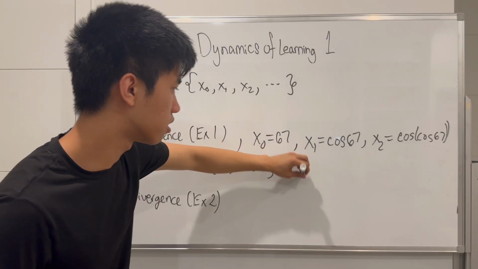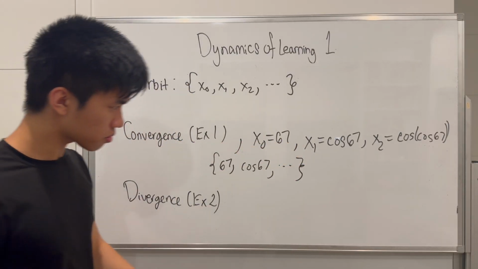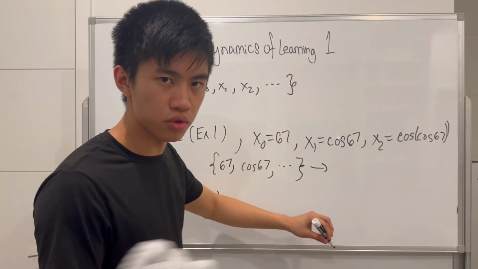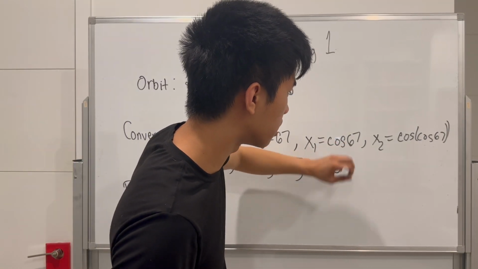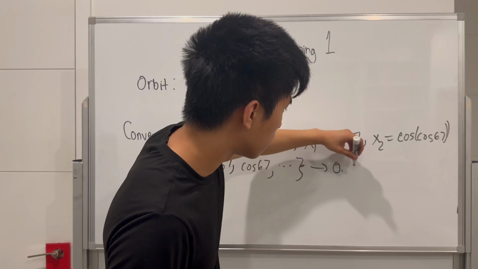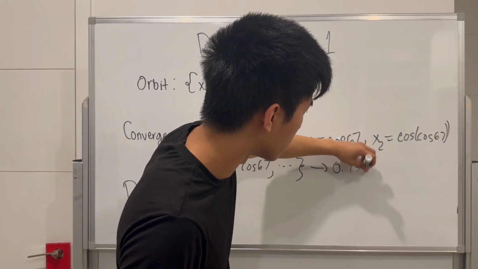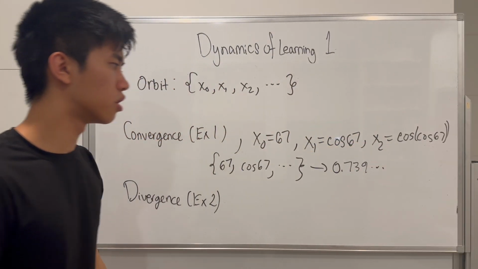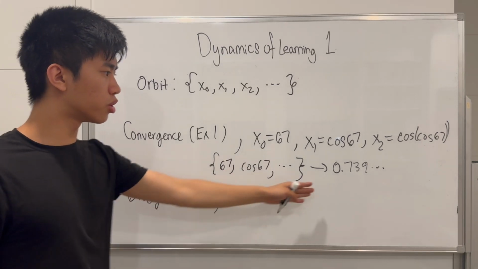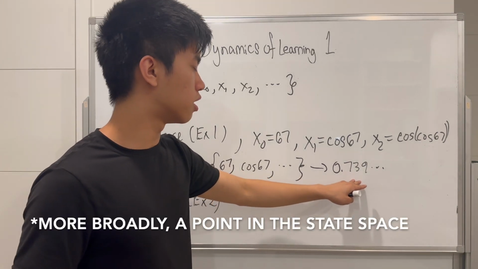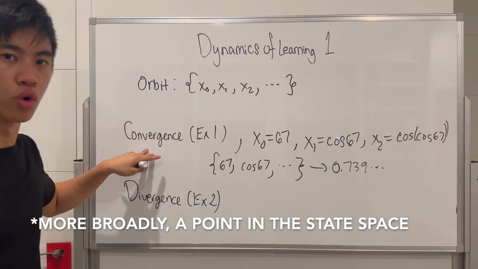You get it, right? And interestingly enough, we talked about this before, but it converges to some value around 0.739 and so on. And so when it converges to a real number, this is what we call a converging orbit.